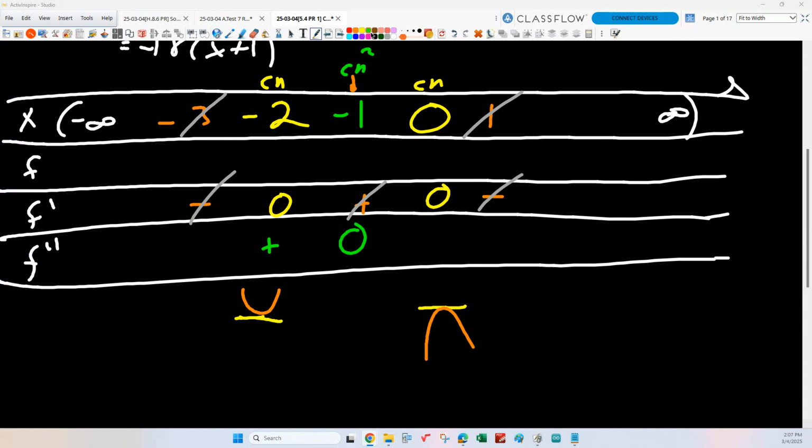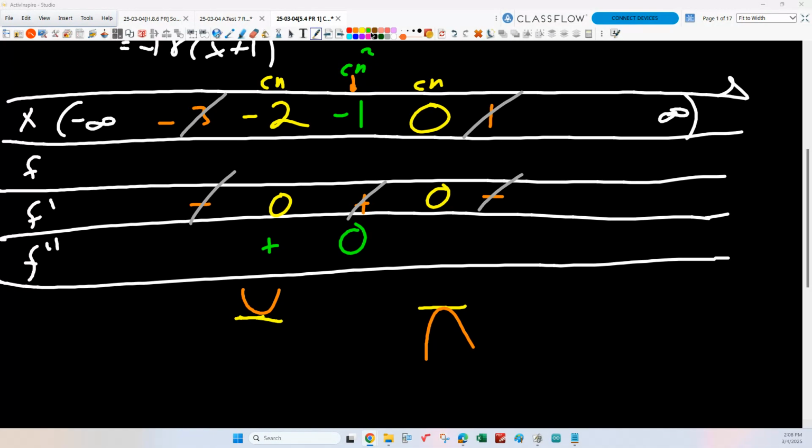If I have a horizontal tangent and it has positive concavity, that means the tangent line sits above or below. Positive means it's bowl up, so the tangent sits below. So think about that. If a horizontal tangent sits below the curve, doesn't that mean it's a minimum?